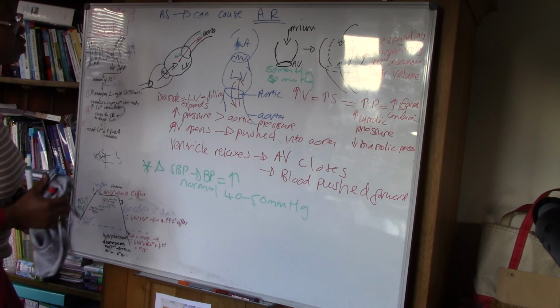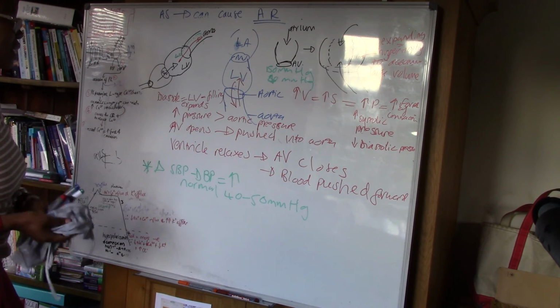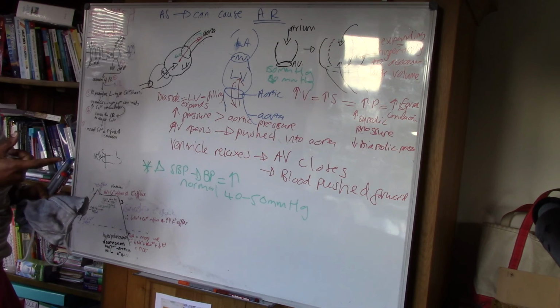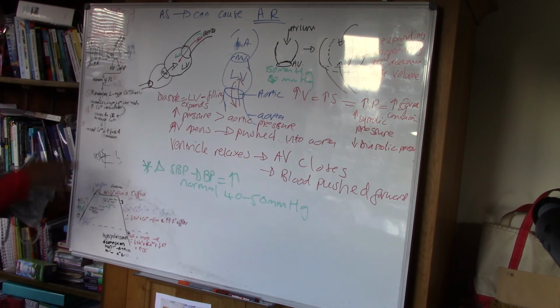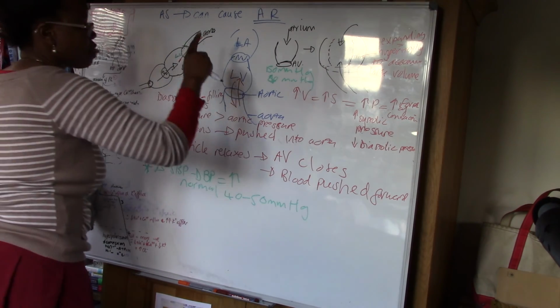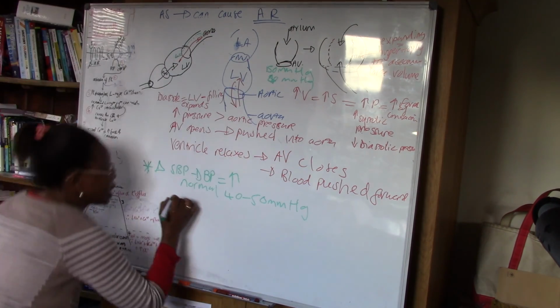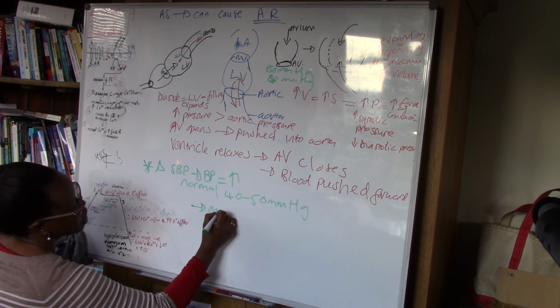So in terms of the clinical signs that are presented in aortic regurgitation, I have already mentioned that there will be an early diastolic murmur.